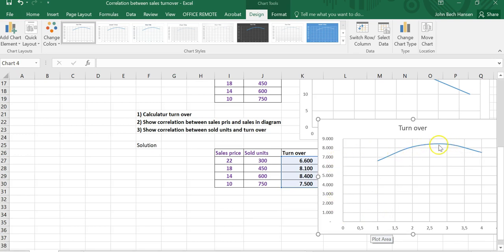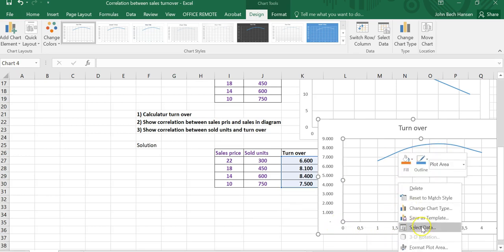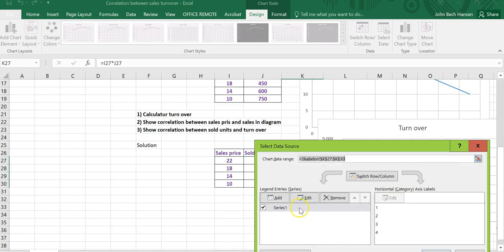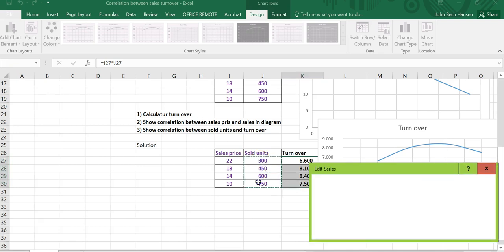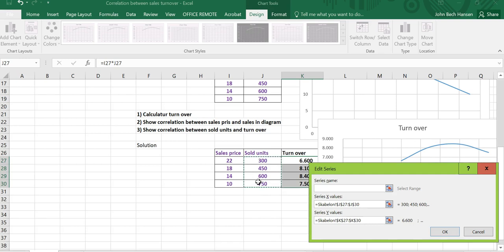And here we can see we have a maximum. I'll just put in select data, right click, and edit, and because I have chosen the XY diagram, I can easily change the X values, and the X values we know are sold units. So here I have the correlation between sold units and turnover.